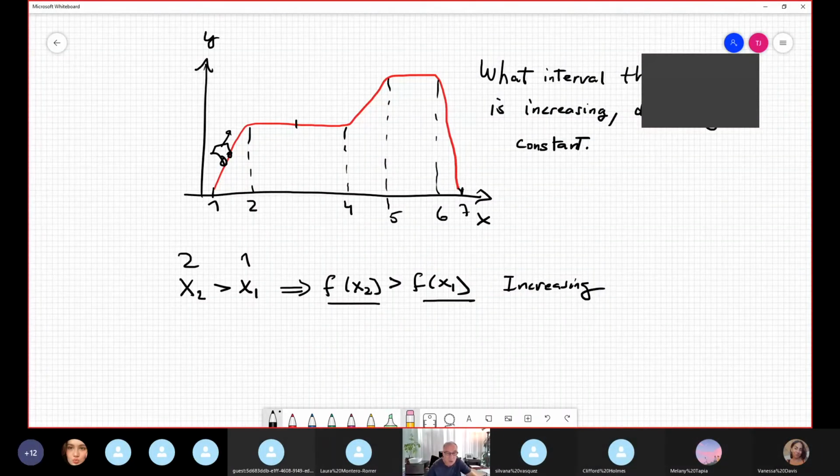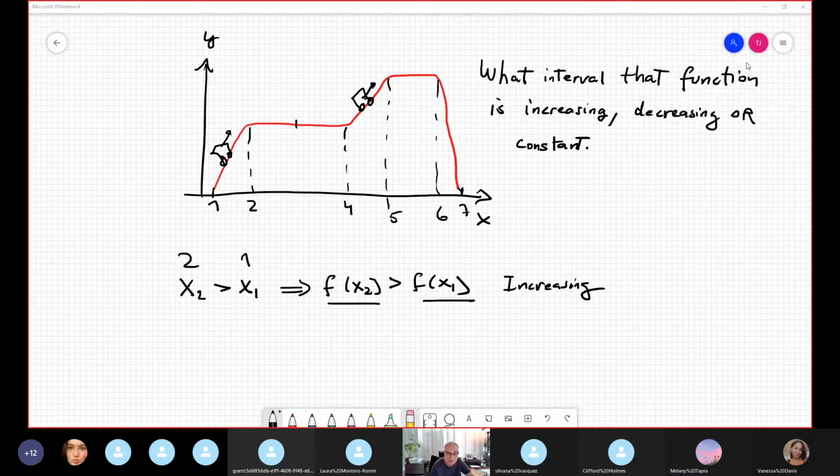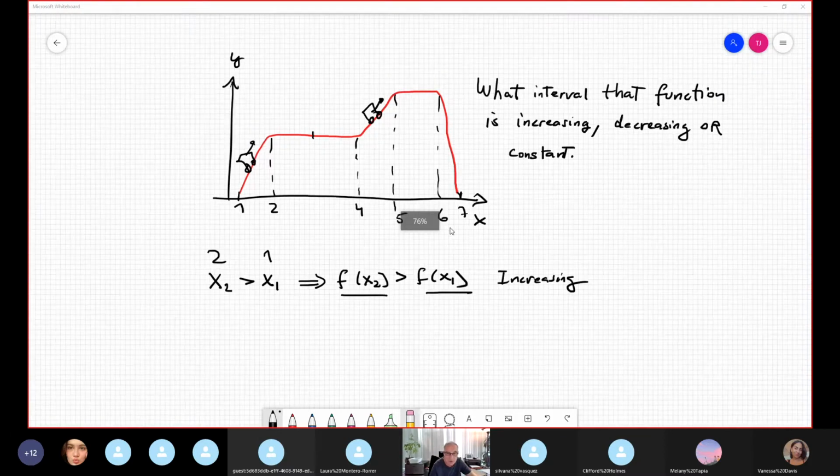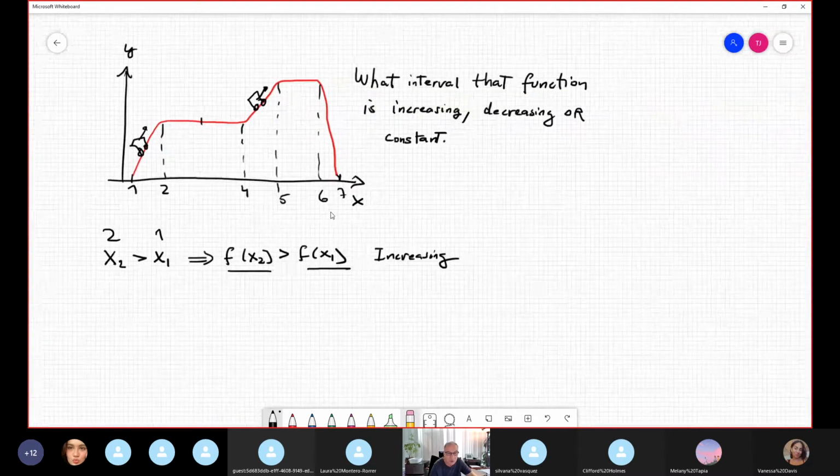It's increasing also here. Okay, so my function is increasing in the following intervals. Let me copy where, I suppose here.